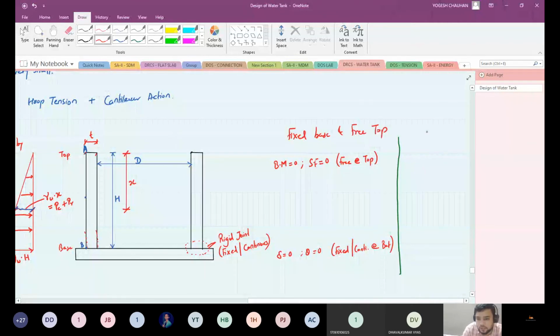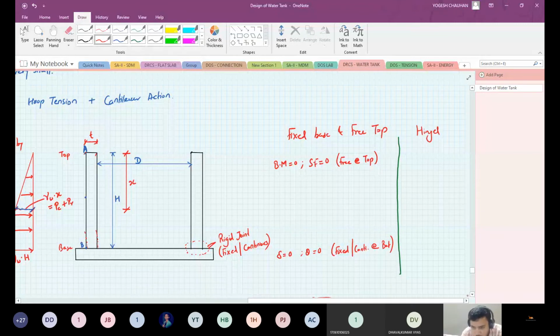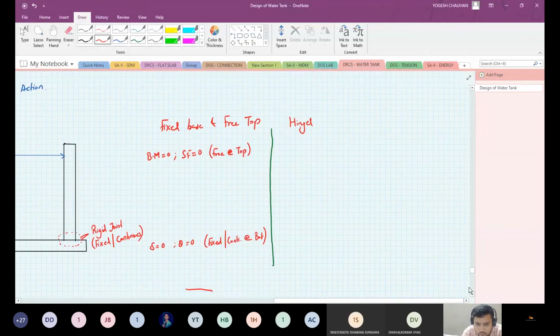Now, second is hinged base: hinged base and free top.